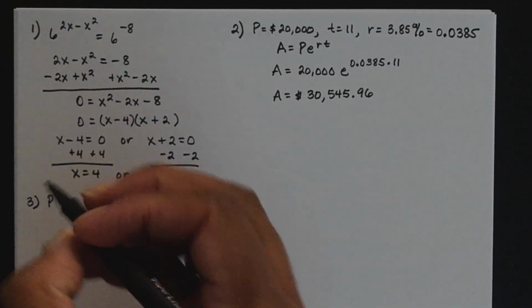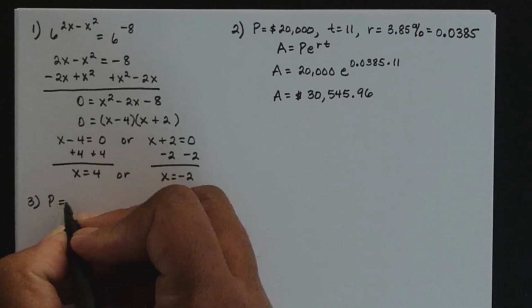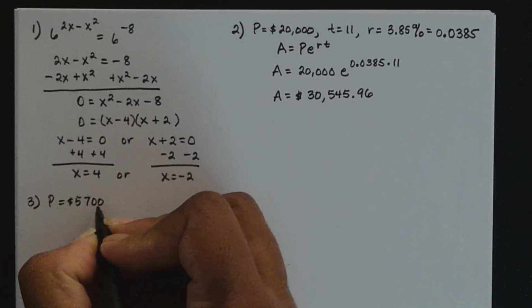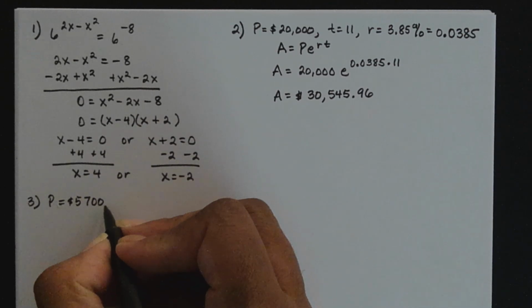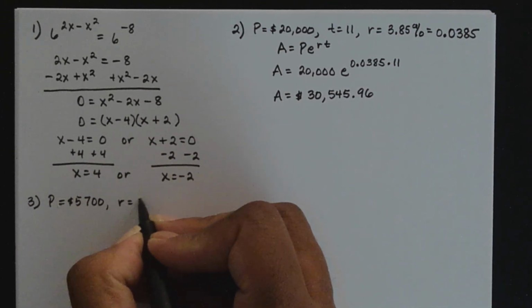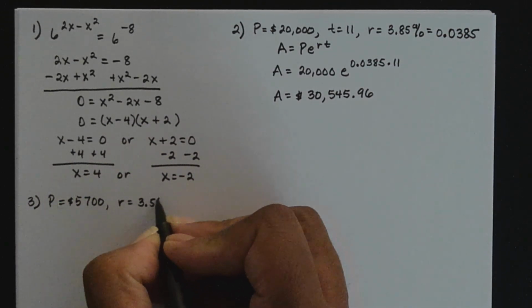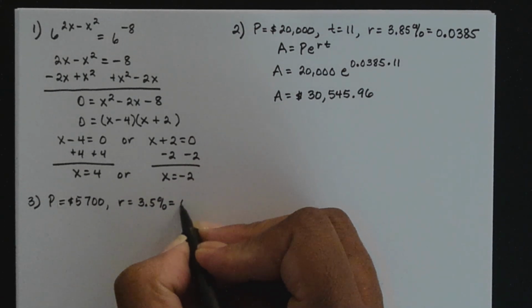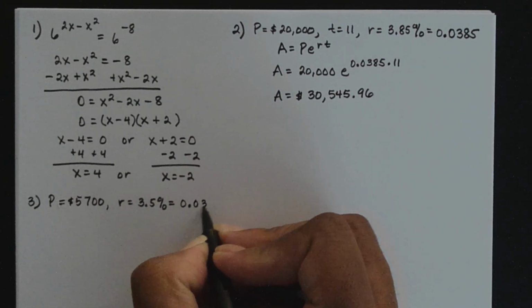We have $5,700 invested at 3.5%. And what's 3.5% as a decimal? 0.035.